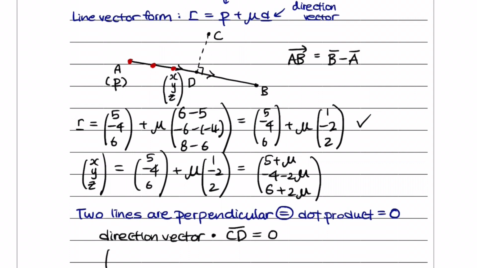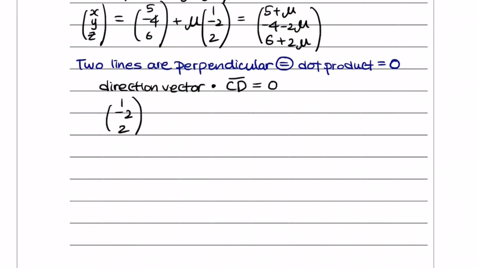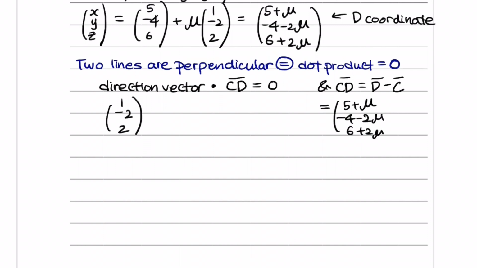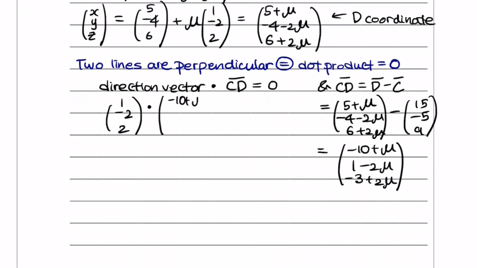We know the direction vector of the line is (1, -2, 2). To get CD, CD is equal to the position vector of D minus the position vector of C. So that is (5 + mu, -4 - 2mu, 6 + 2mu), which is the D coordinate we found, subtracted by C, which is given in the question, (15, -5, 9). Therefore, our CD is equal to this. So you take the dot product with the direction vector of the line, and that should be equal to 0.